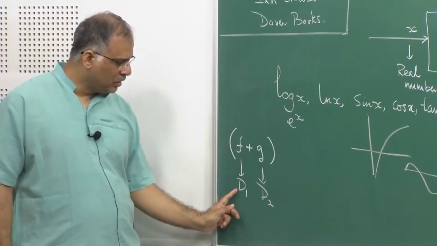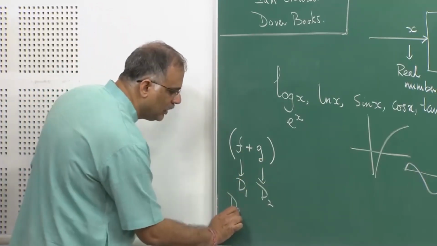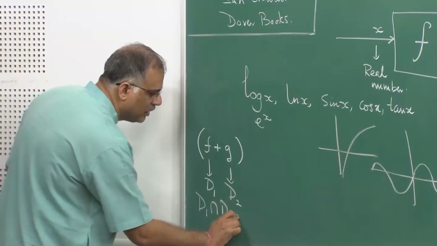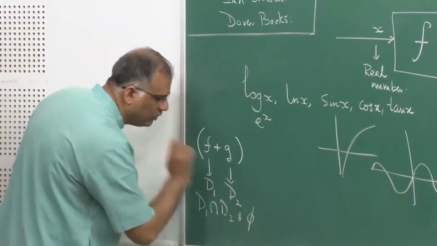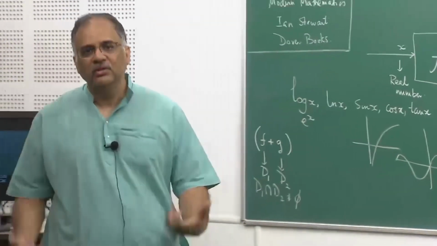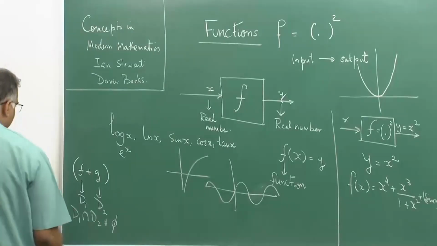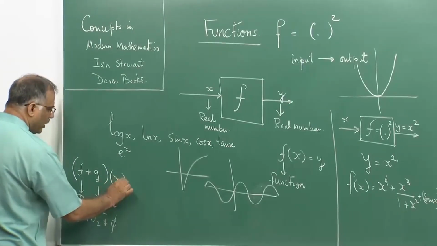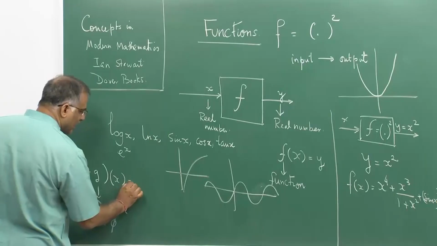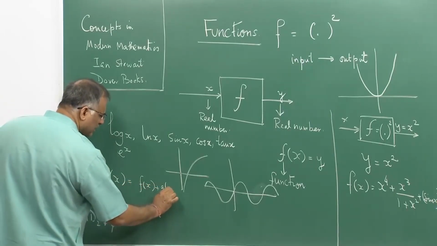So, this function is only defined if the intersection between the domains is non-empty. If the intersection between the domains is empty, you cannot add these two functions. And the formula is very simple. If I operate on input x, this is nothing but f of x plus g of x.